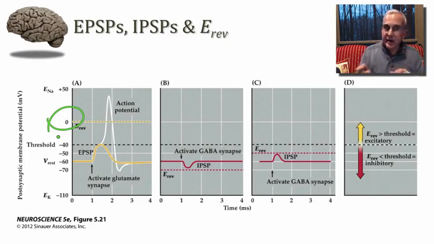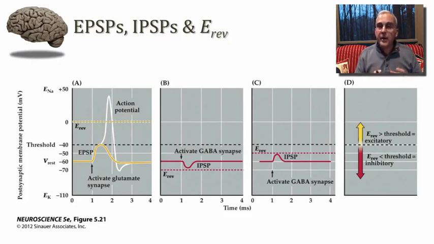So if this particular synapse could completely capture that postsynaptic neuron, it would depolarize it to the reversal potential. Well, as I just mentioned, most synapses are not that powerful. They're actually rather weak, and they typically only allow for a postsynaptic membrane to depolarize by a few millivolts.